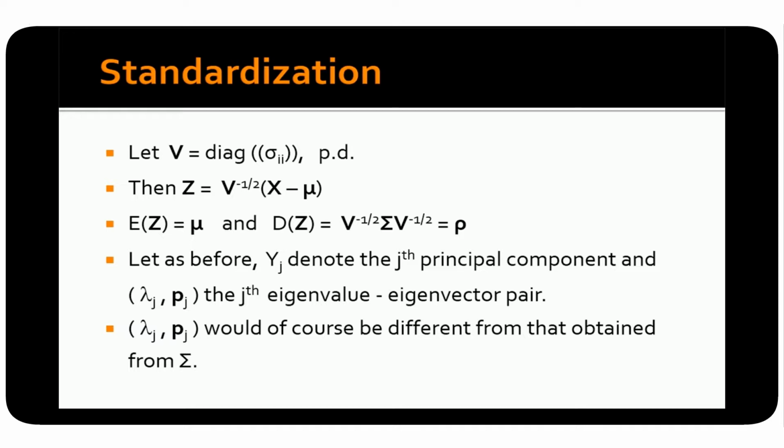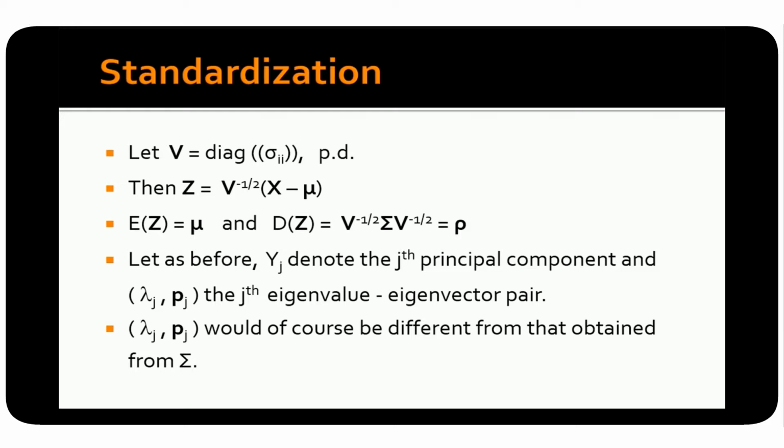The dispersion of z would be sigma half inverse sigma sigma half inverse, and in matrix notation you can write z as equal to v half to the power of minus 1 (x minus mu), where v is a diagonal matrix with variances on the diagonal. If you use this, it is easy to see that the expectation of z is equal to 0.